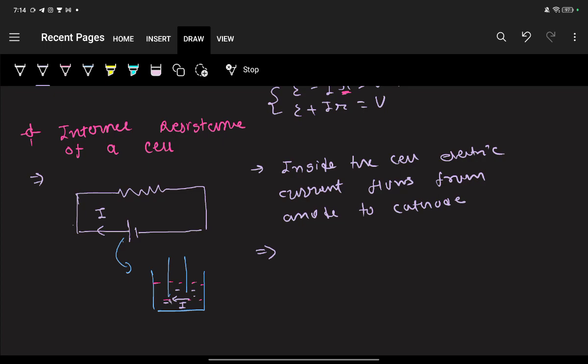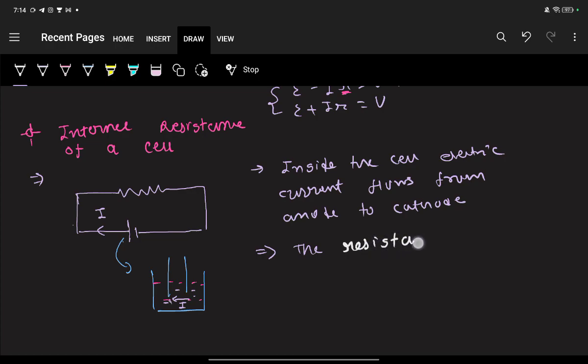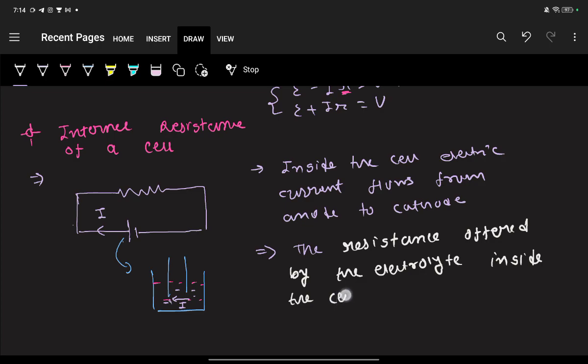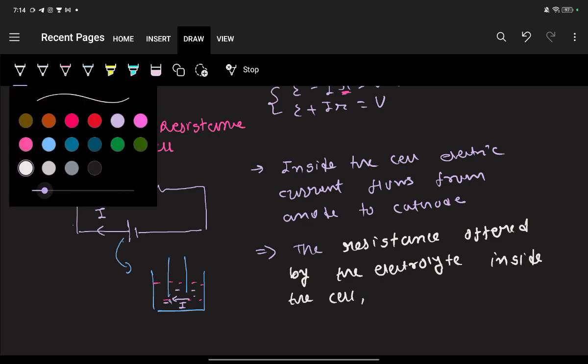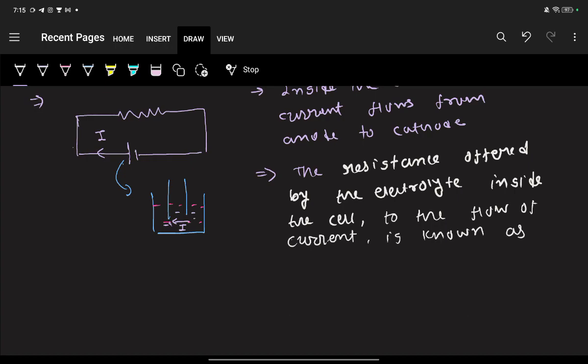The resistance offered by the electrolyte inside the cell to the flow of current is known as what? Internal resistance.